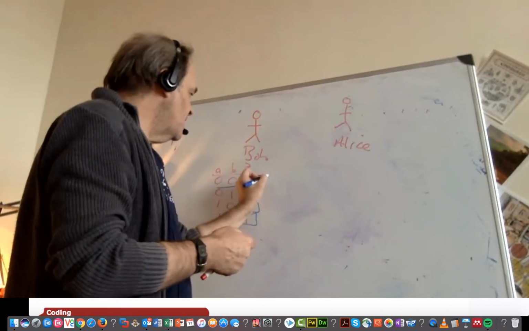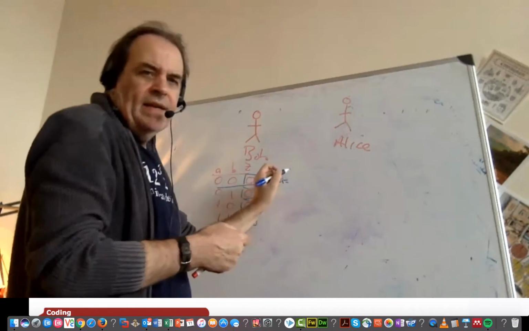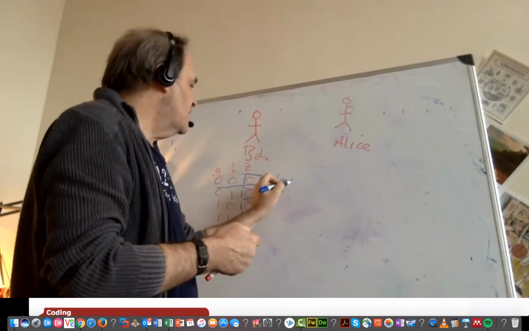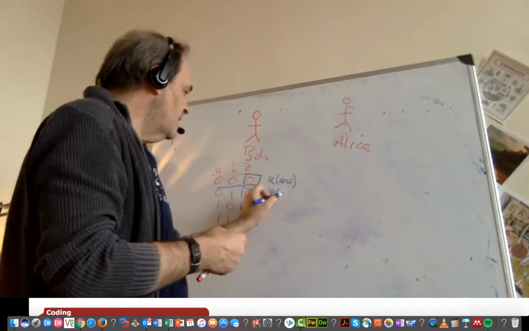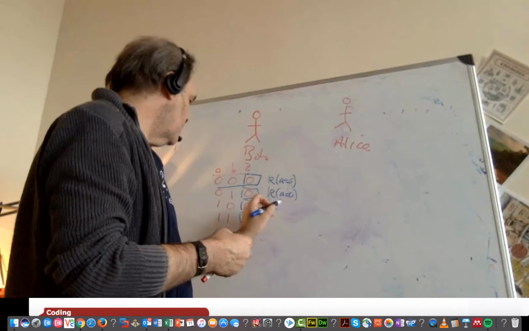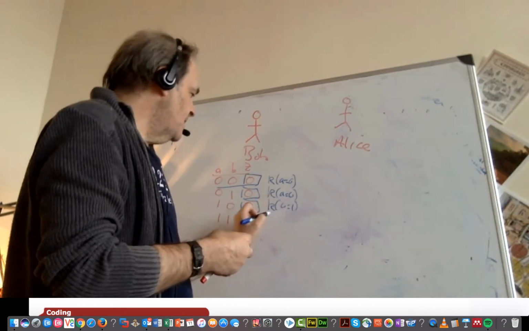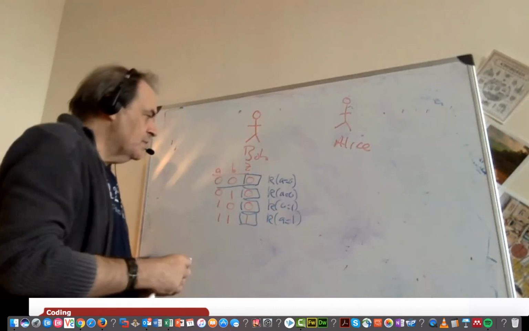So we will use a key for A equal to 0, a key for A equal to 0, a key for A equal to 1, and a key for A equal to 1.